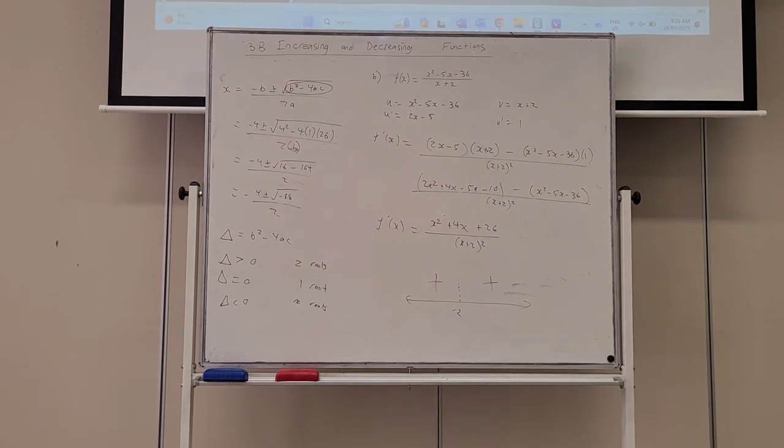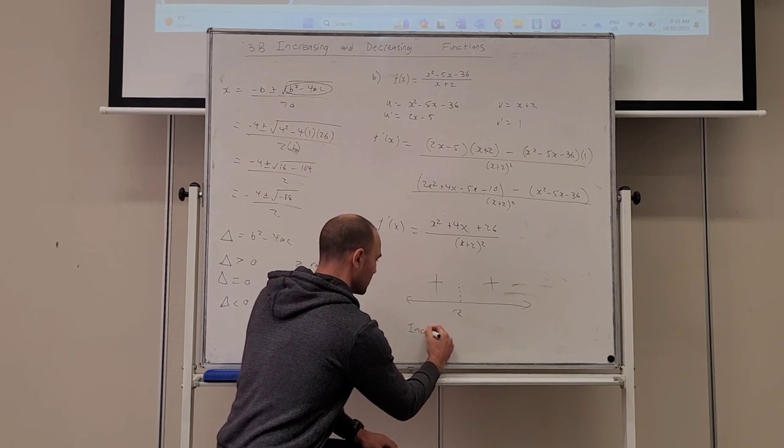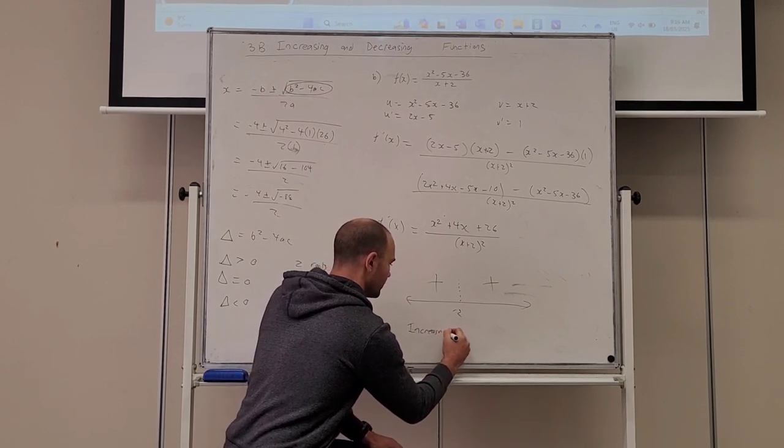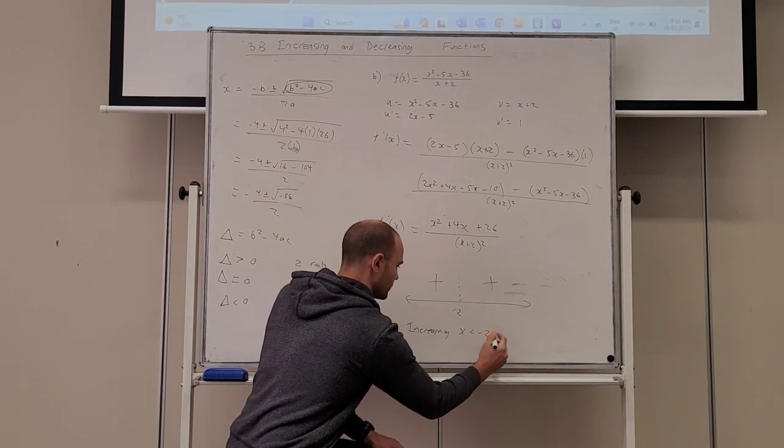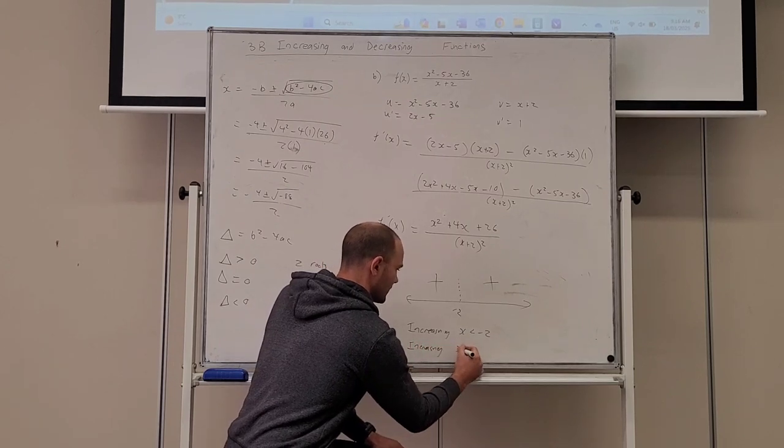So what this means, if we're answering the question using our calculator to help us, is we're increasing for x less than minus 2, and we're increasing for x greater than minus 2.